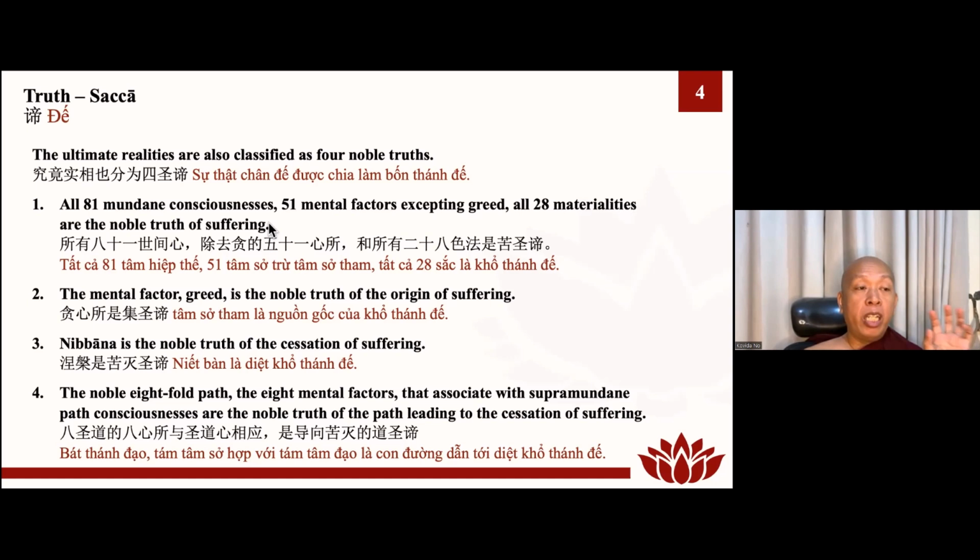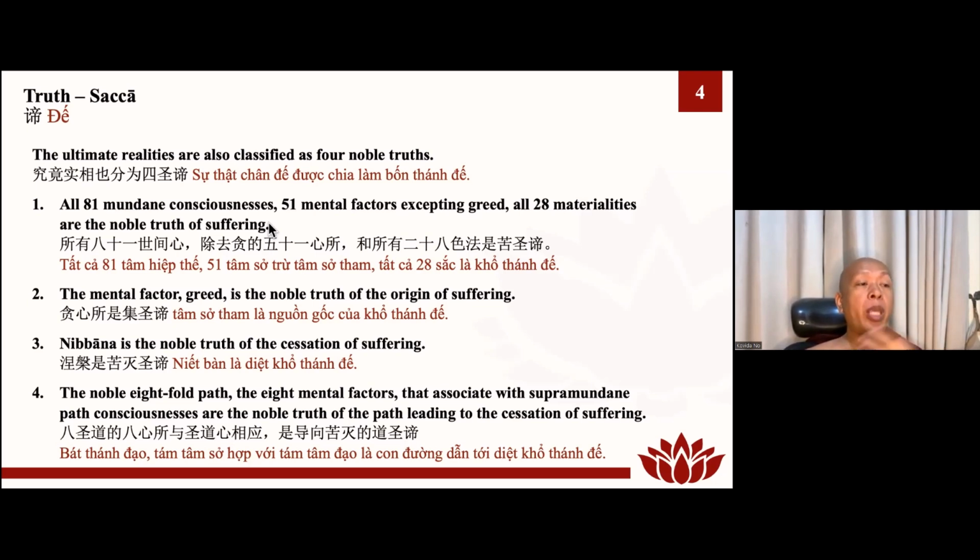So we have to understand and recall all the information, right? It was a very long time ago. We have already explained 89 types of consciousness or 121 types of consciousness.